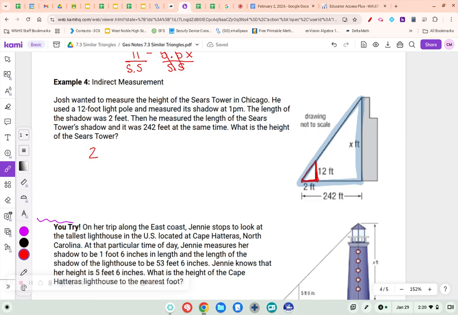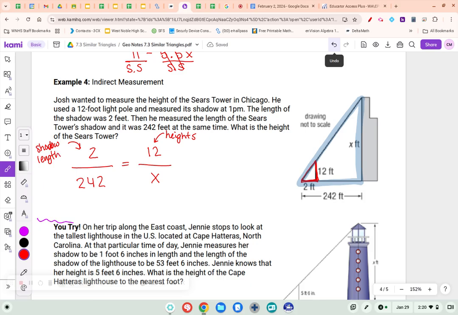So I have 2 and 12 both on top. So 2 is the shadow length, 12 is the height. So I'm going to match up the shadow length with the building, and the heights together. So this fraction, let me redraw my arrow. This fraction is about the height. This fraction is about the shadow lengths.